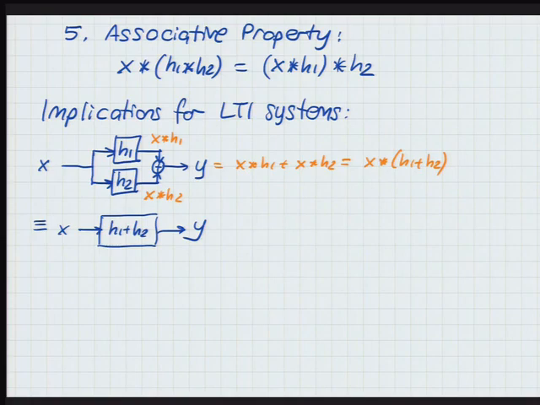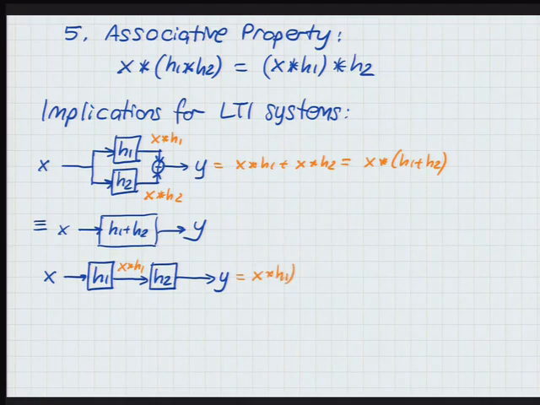Let's also talk about the series connection. Let's say I have x, and then I pass it through an LTI system with impulse response h1, and then whatever comes out of that becomes the input to another LTI system with impulse response h2. The output at the end of h1 is of course x star h1, right? And x star h1 is now the input to the second block, so the output here is x star h1 star h2. You all agree with this? But then use the associative property.